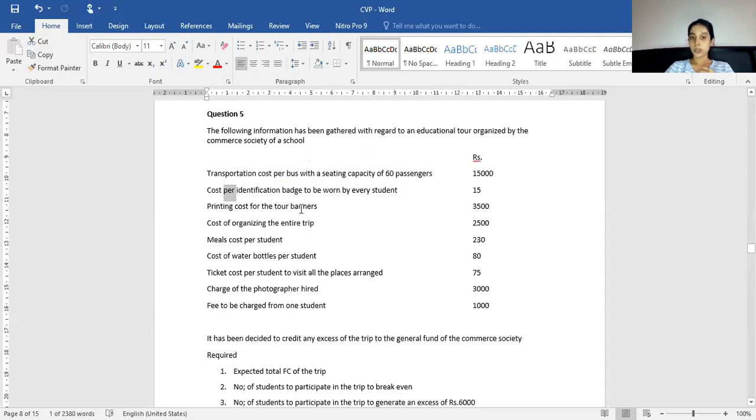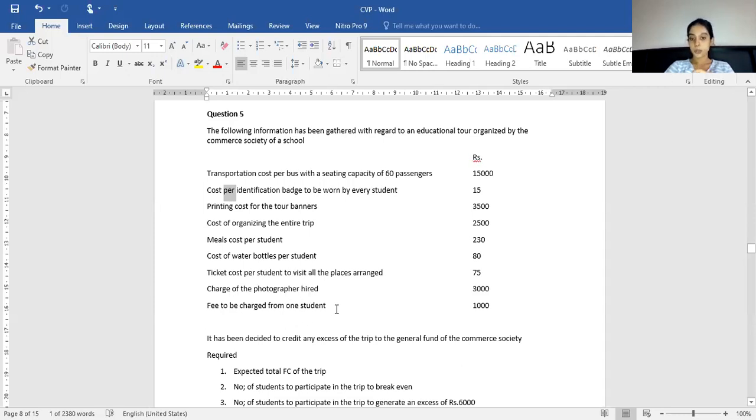Printing cost for the tour banners is again a fixed cost. Cost of organizing the trip is also a fixed cost. Meals cost per student is a variable cost. Cost of water bottles per student is a variable cost. And ticket cost per student to visit all the places arranged, a variable cost. Charge of the photographer hired, a fixed cost.